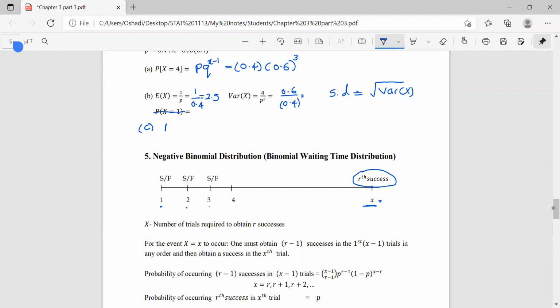In the earlier geometric case, the x-th trial is the first success. But here, the x-th trial is the rth success. So we are finding, to obtain r successes, how many trials we should do. That is the number of trials required to obtain r successes, so it follows a negative binomial distribution.